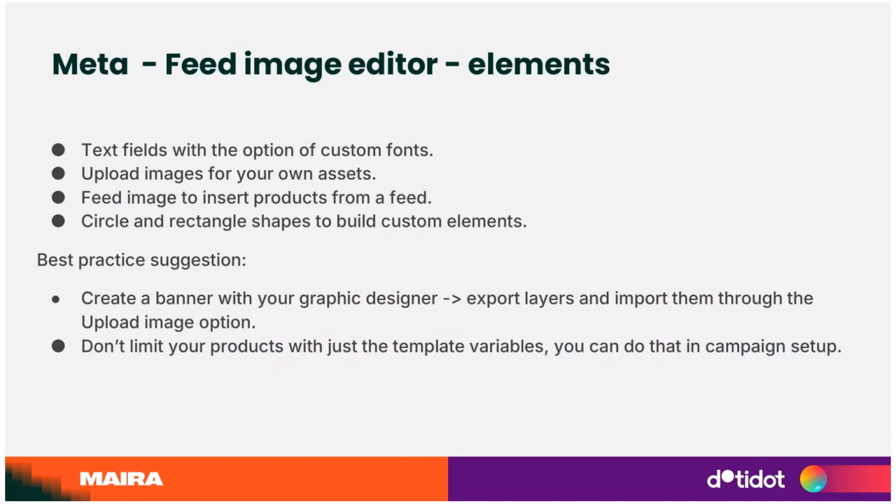Some best practice from our side. First, create a banner with your graphic designer and create a final version of what you want your template to look like. And then you can just export layers and import them separately through the upload image option. With that, you will create the banner exactly for the template, which you will use for each product.